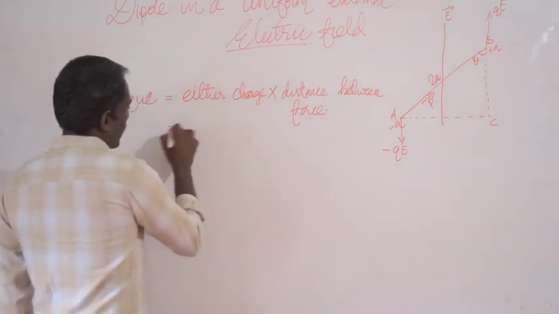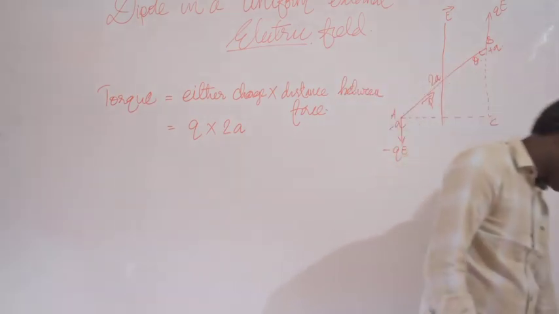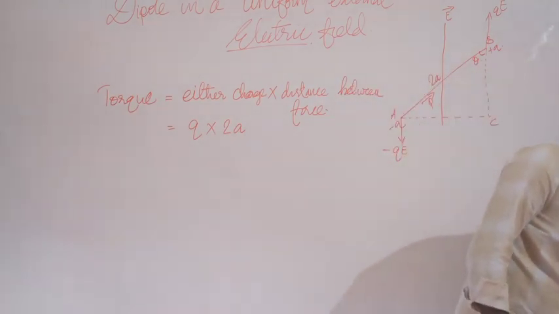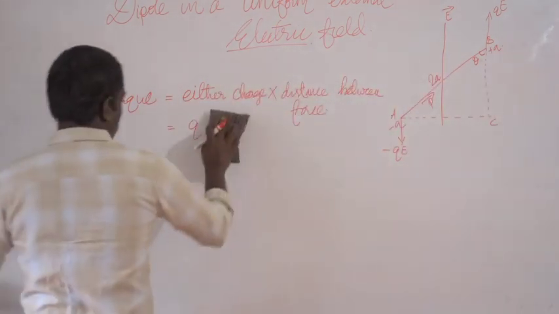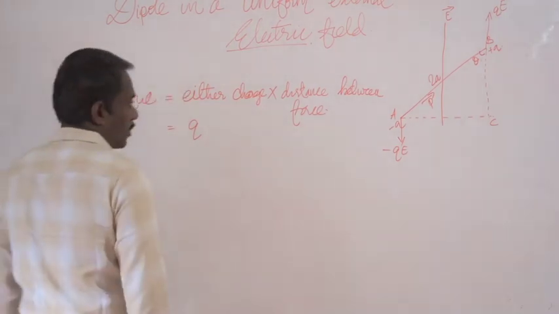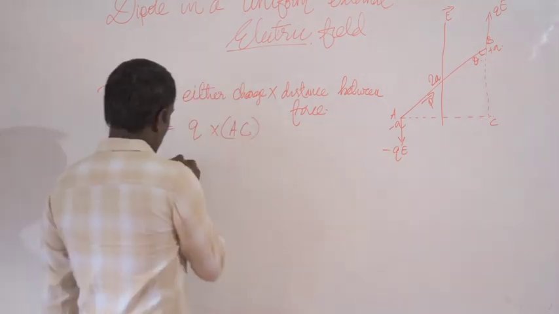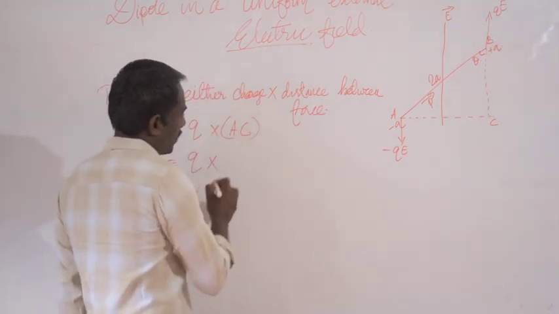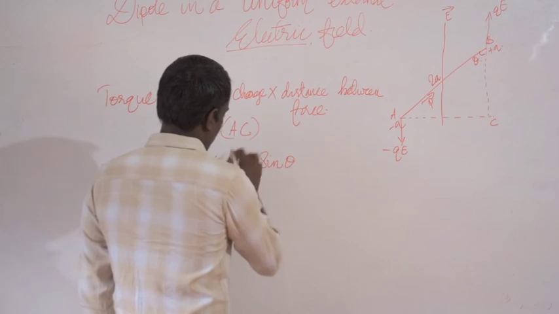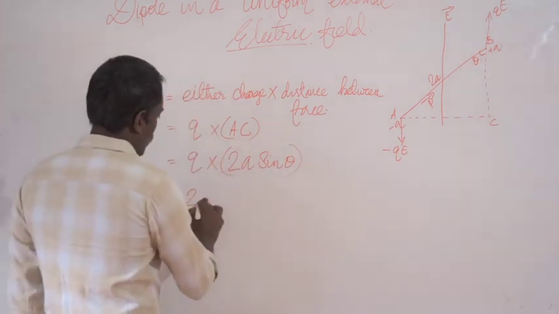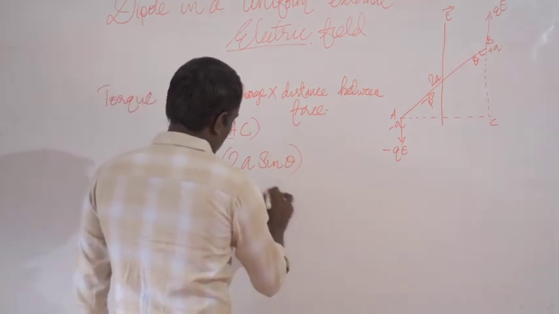So either the charge can be written as Q into the perpendicular distance between them, which is AC. That is equal to Q into, the AC can be written as 2A sin theta. It can be written as 2AQ into E sin theta.